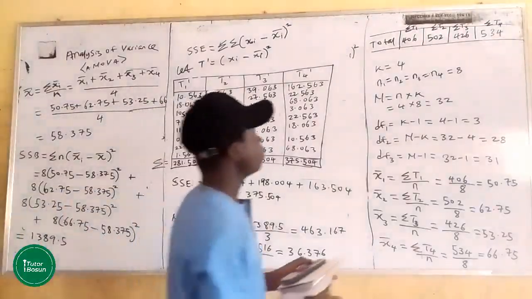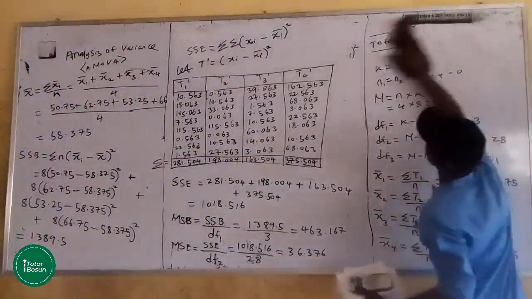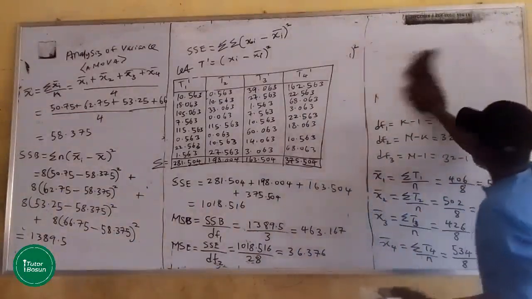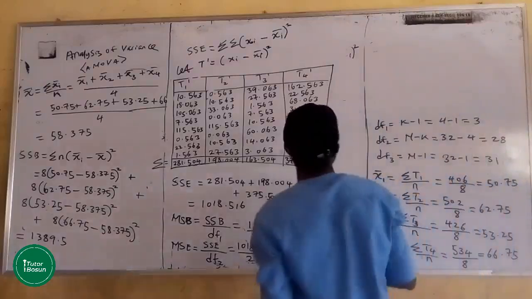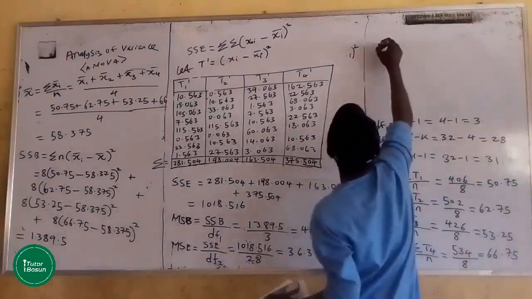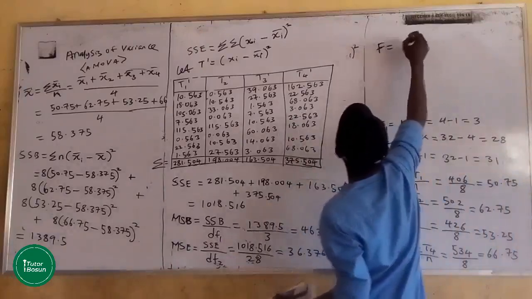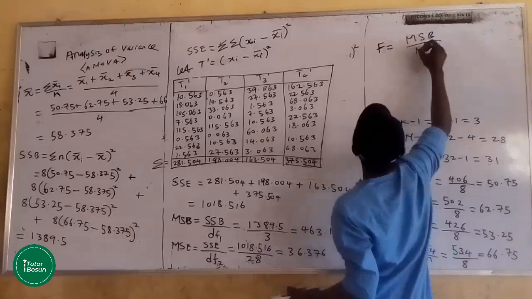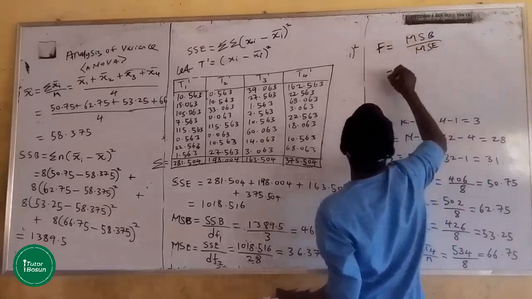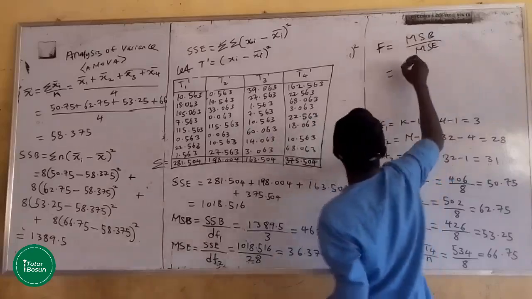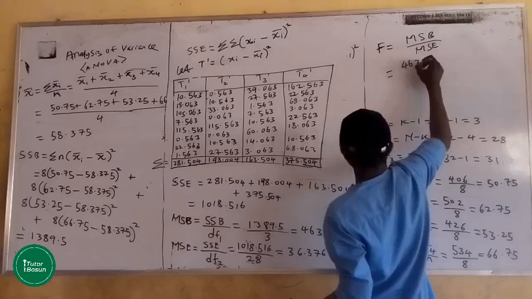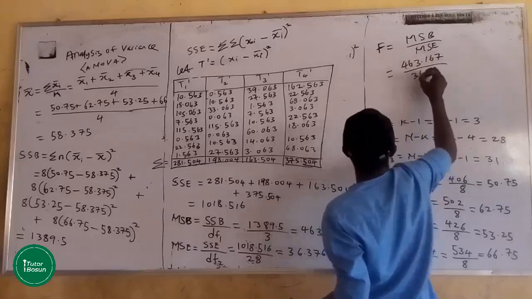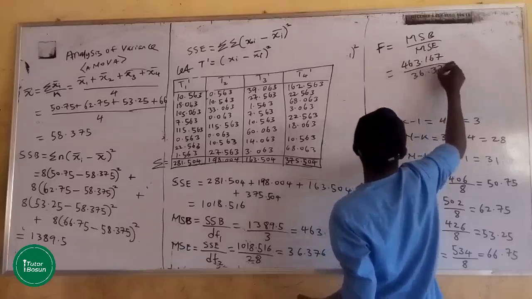So we have got our MSE and our MSB. We can now compute our F statistic, because F is equal to MSB divided by MSE, which is equal to 463.167 divided by 36.376.